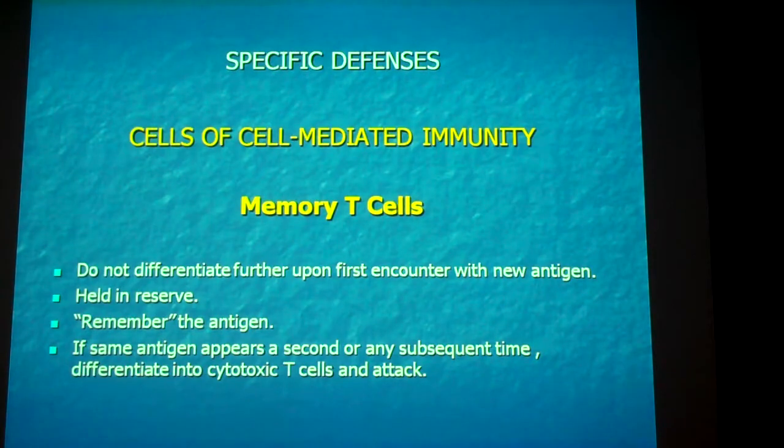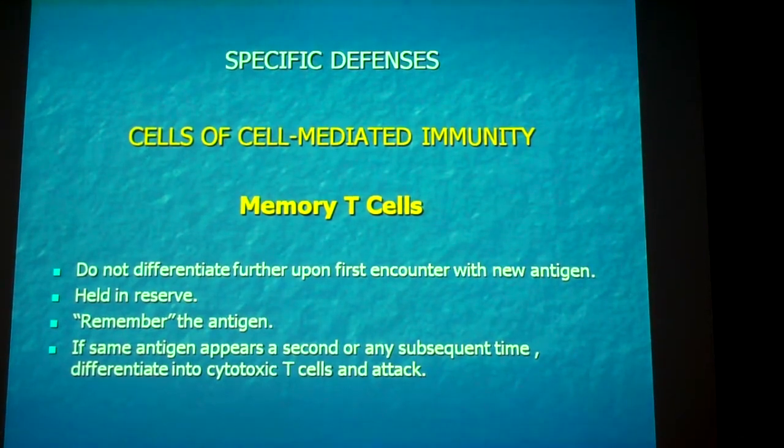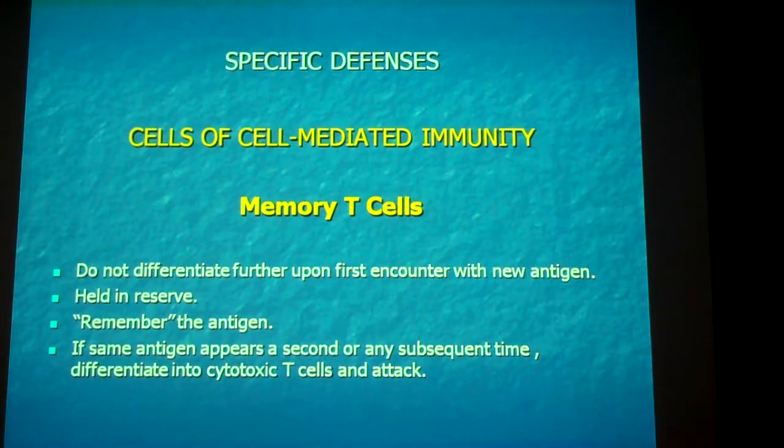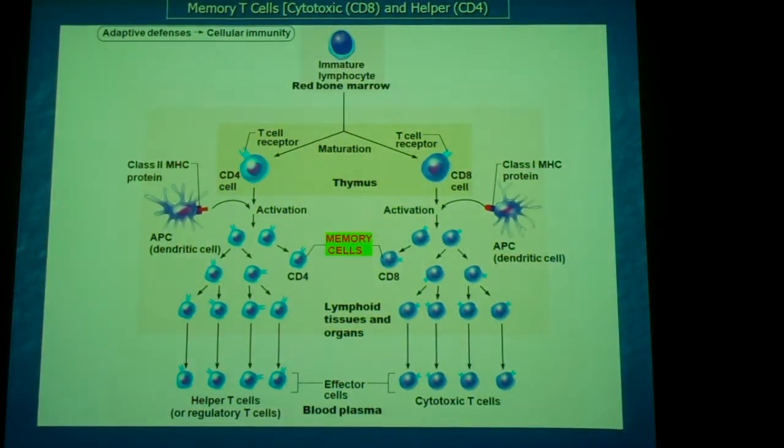All right, then we have our memory cells. They're held in reserve. They remember the antigen. If after this first episode that same antigen is encountered again, we already have a community of T cells that are specific against that antigen, so the reaction is going to be faster and stronger than the first time.